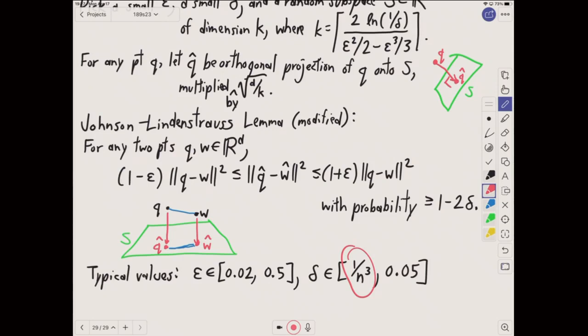So if you want to make sure that all of the distances between all n sample points are approximated well with high probability, then set delta to about 1 over n squared. Of course, in practice, you can experiment with k by validation to find the best trade-off between speed and accuracy.